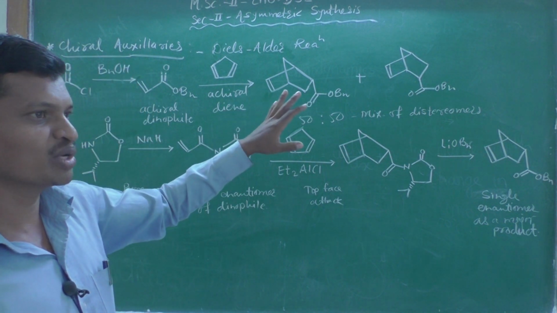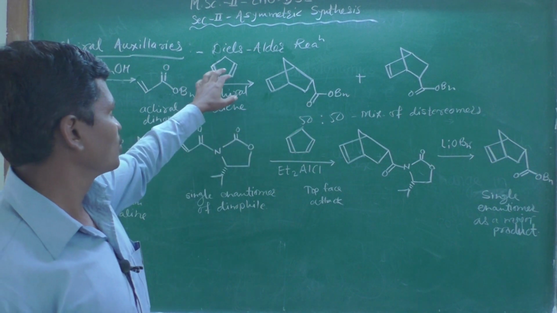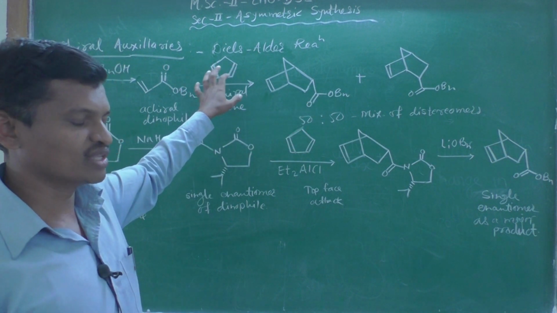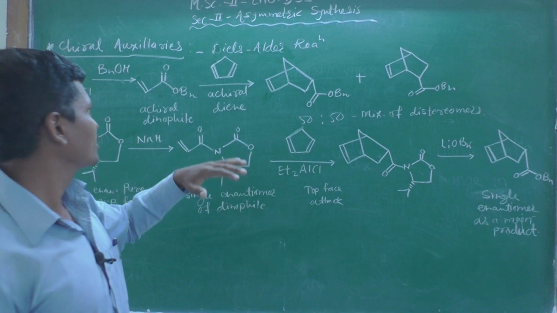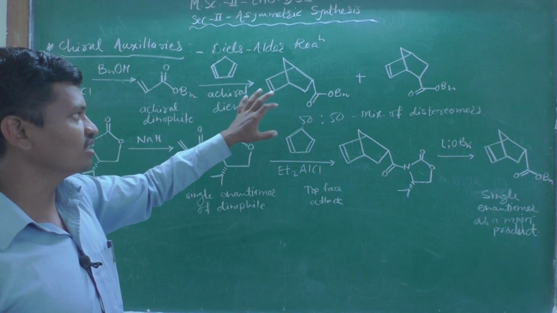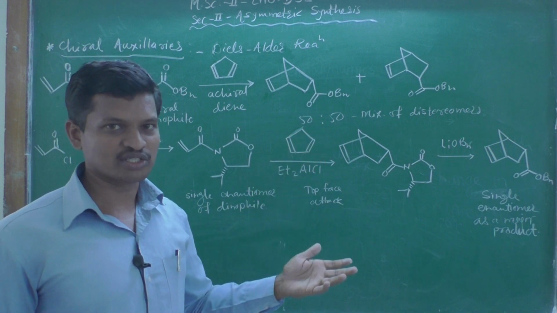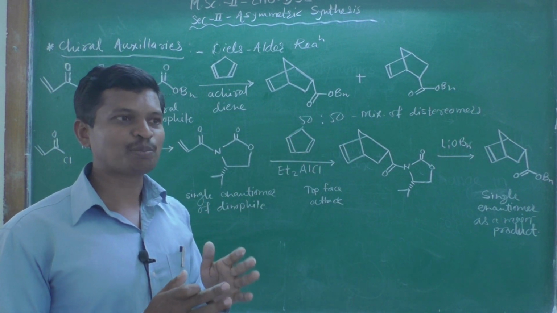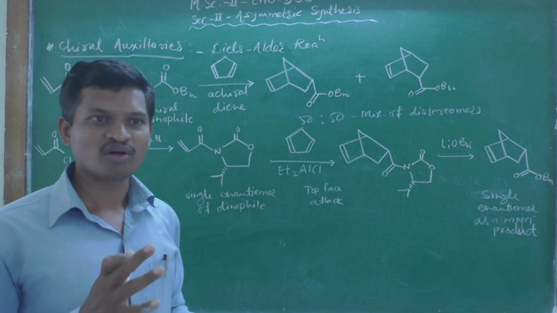In this case I am showing only the products. This is a dienophile, this is a diene, and this diene has a top face and a bottom face. As the dienophile and diene are both achiral, there is a formation of two products, and the formation of these two diastereomers is 1:1.